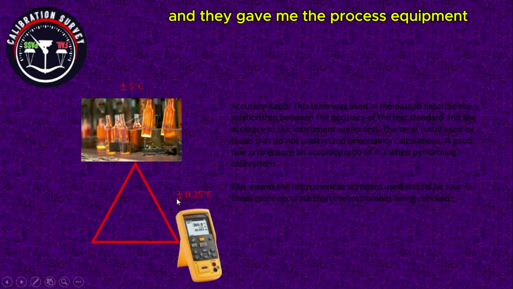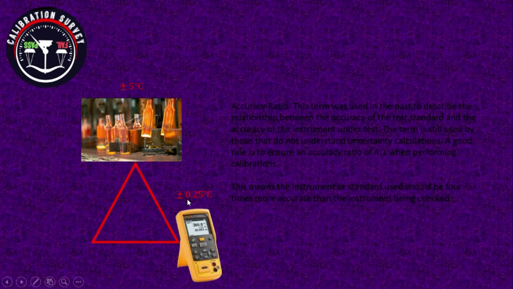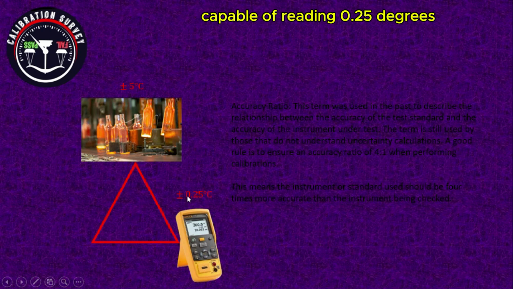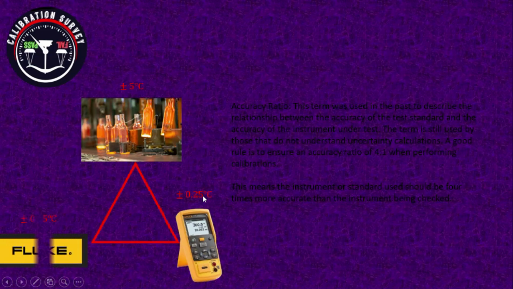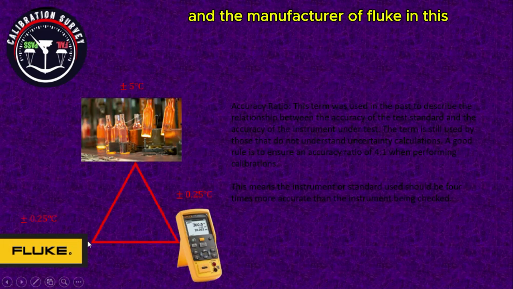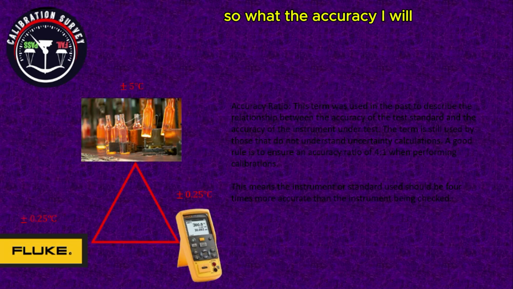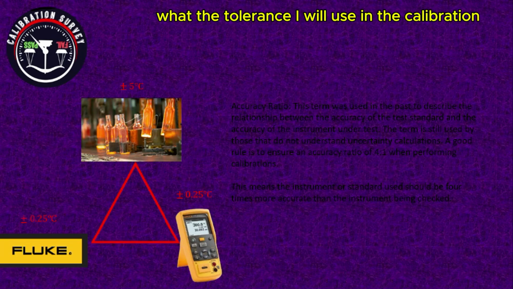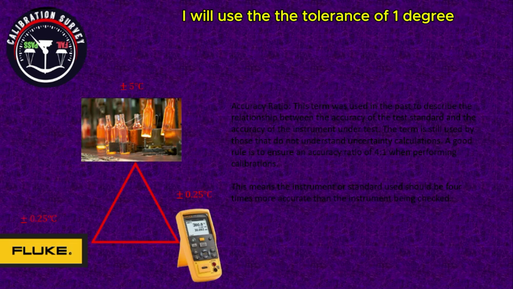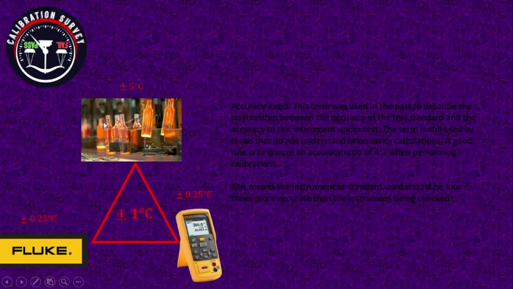And they gave me the process equipment capable of reading 0.25 degrees, and the manufacturer Fluke in this example stated it is 0.25 degrees. So what tolerance will I use in the calibration? I will use the tolerance of 1 degree.